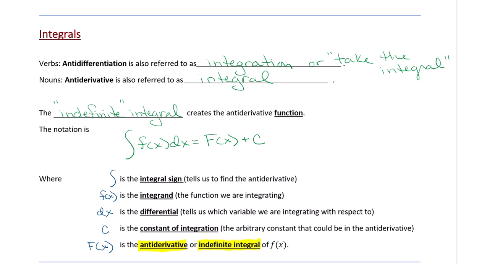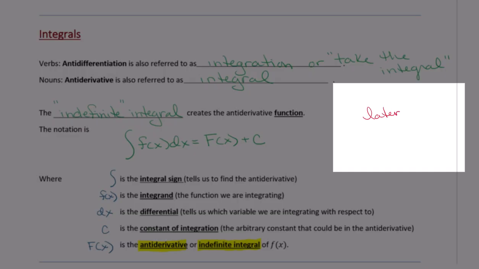Now, why are we calling it the indefinite integral? Later, we will find the definite integral where we will have lower and upper bounds, let's say a and b, of our integrand. And instead of it giving us a function, it's going to give us an actual number. But again, that's later.